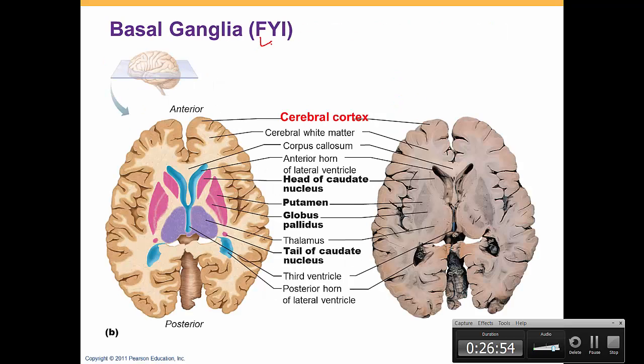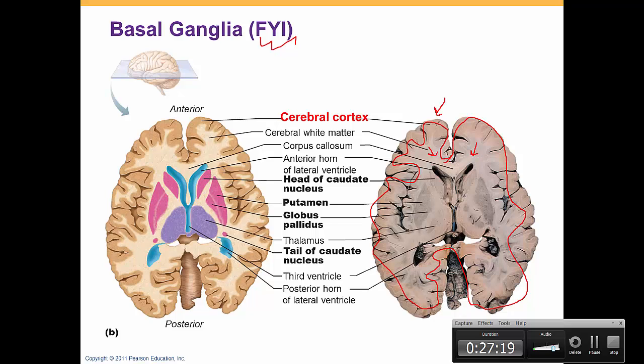We will see these two in this picture here. So the picture is an FYI slide. However, it's important that you know the locations. So this part here, the outer part, is my cerebral cortex, and that cortex includes the neuronal cell bodies. Then whatever is inside here, these are my axons.